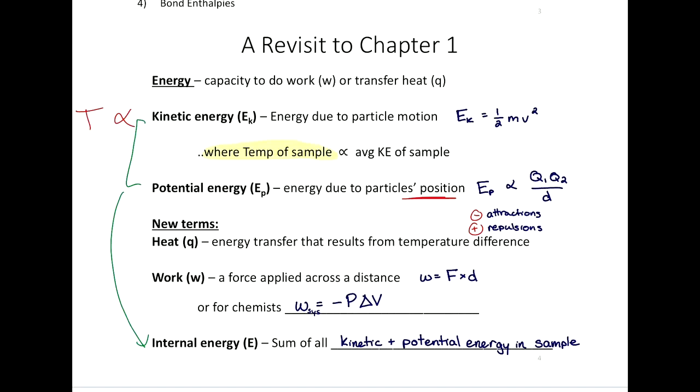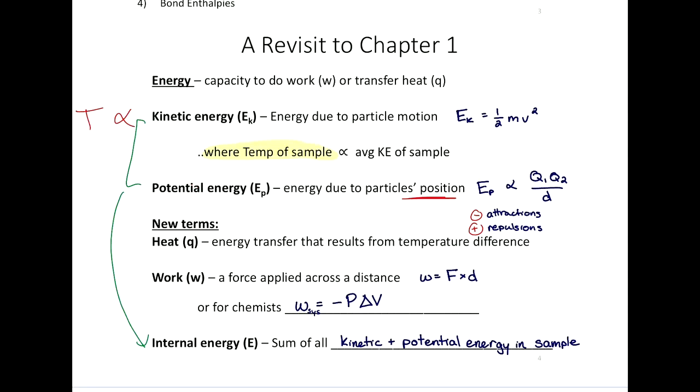Kinetic energy we know to be 1/2 mv squared. That's for a single object moving in space with some mass and velocity. But for us chemists, what we tend to care about more is the temperature of a sample, which tells us the relative average kinetic energy of that sample. So hotter samples just have overall more kinetic energy.